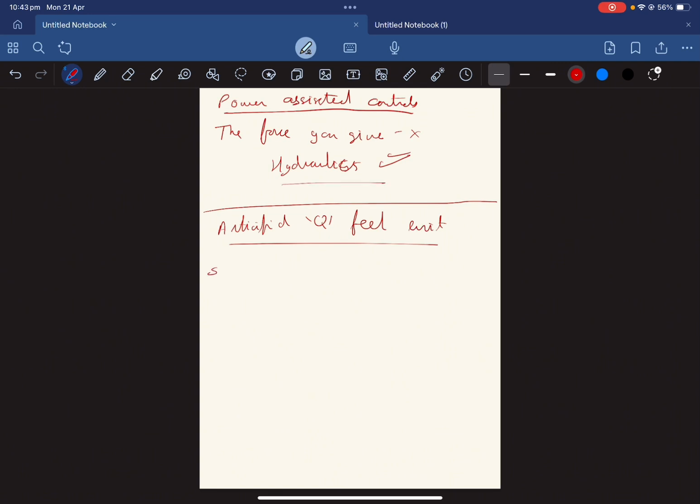In that case, your stick force is going to be very negligible, almost very close to zero. To fix this, an artificial Q feel unit is fitted. So for example, you have a bob weight.